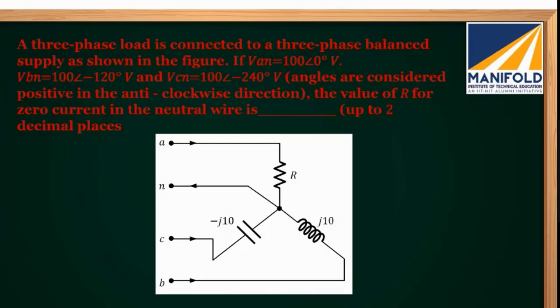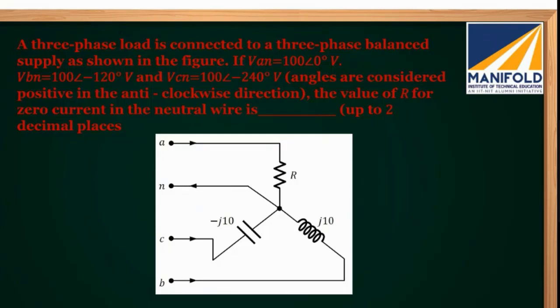It's telling that the neutral current is zero, but whether the given system is balanced or not. Anybody who thinks that it is unbalanced? It is absolutely unbalanced system.